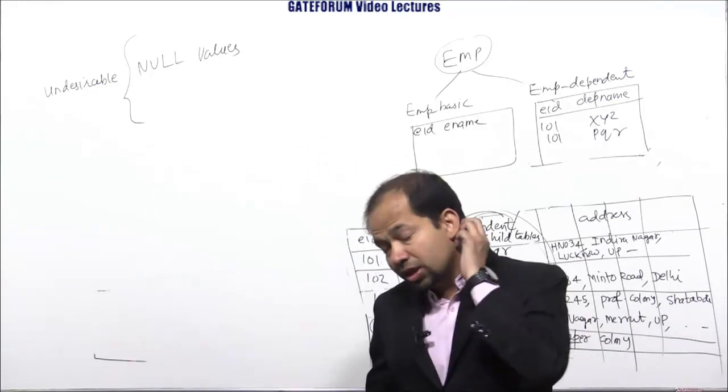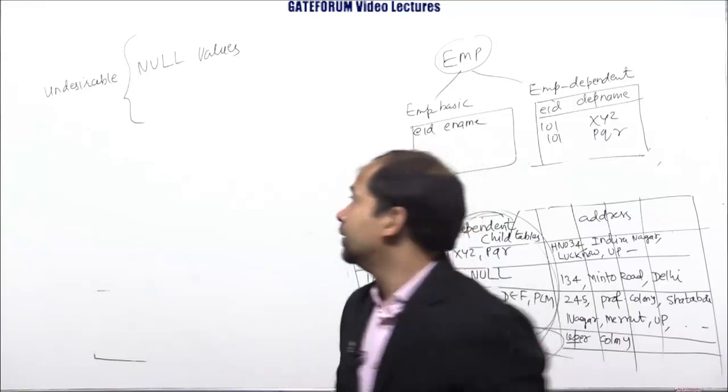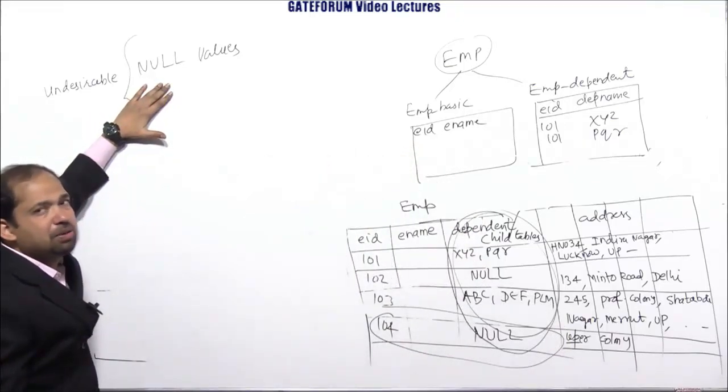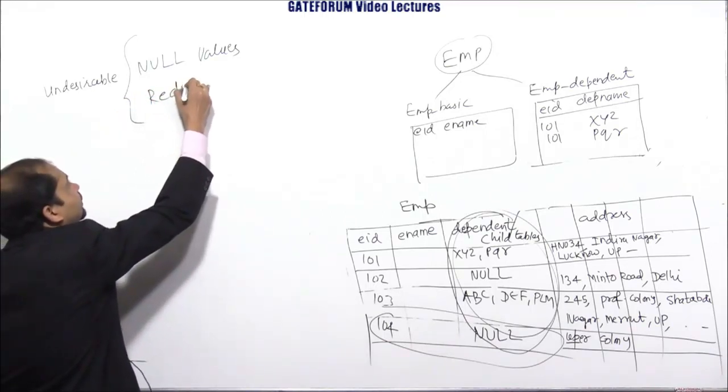So null creates problems while doing arithmetic operations, right? So we want the database to have as few null values as possible. Then another issue is redundancy.